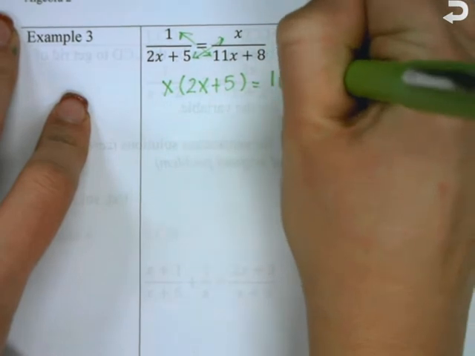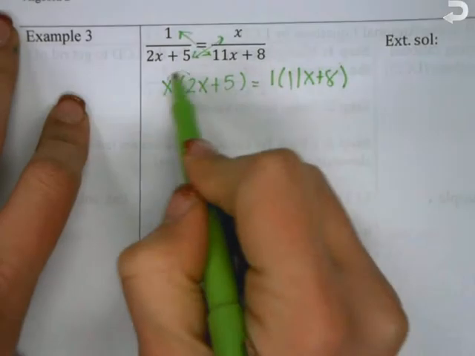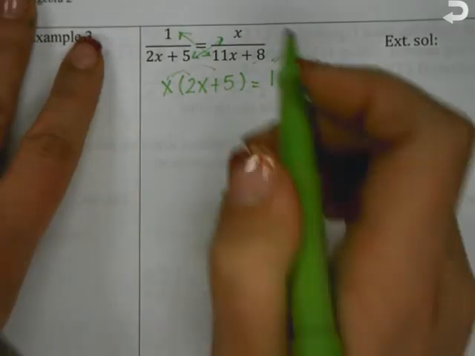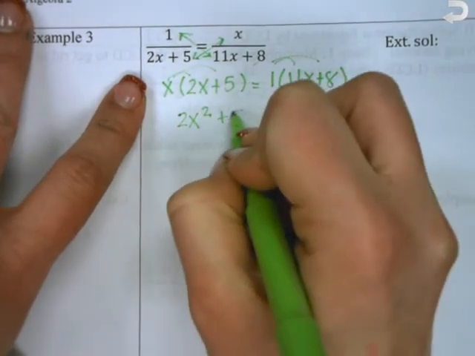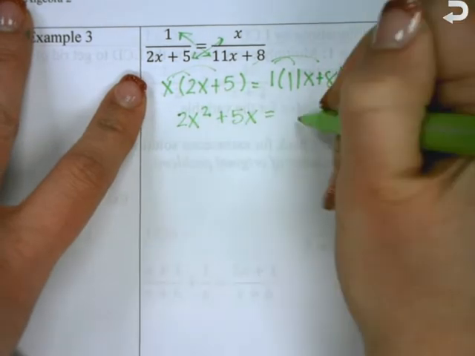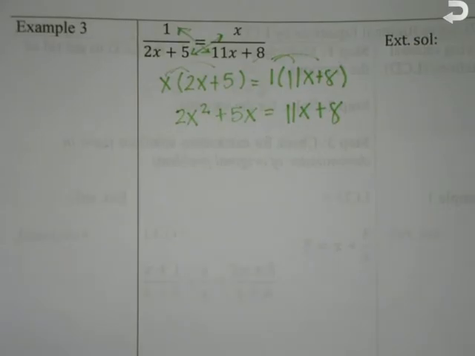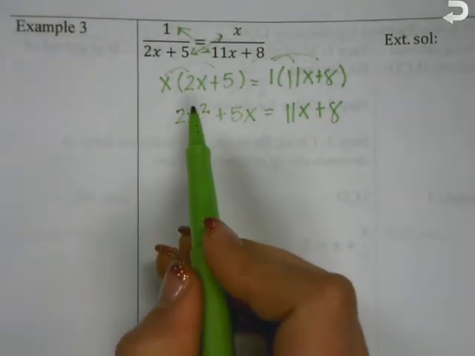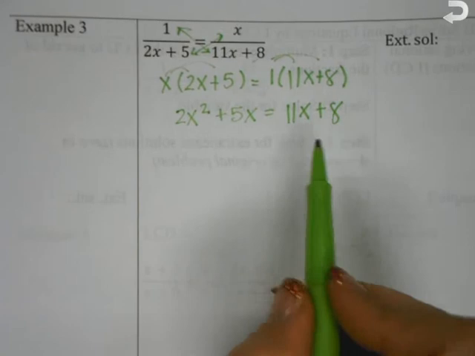And then we distribute. It will end up being a trinomial. So we're going to get 2x squared plus 5x equals 11x plus 8. Okay, now because I have an x squared up here, instead of trying to get x by itself, I'm going to move all of the other terms to the left side.